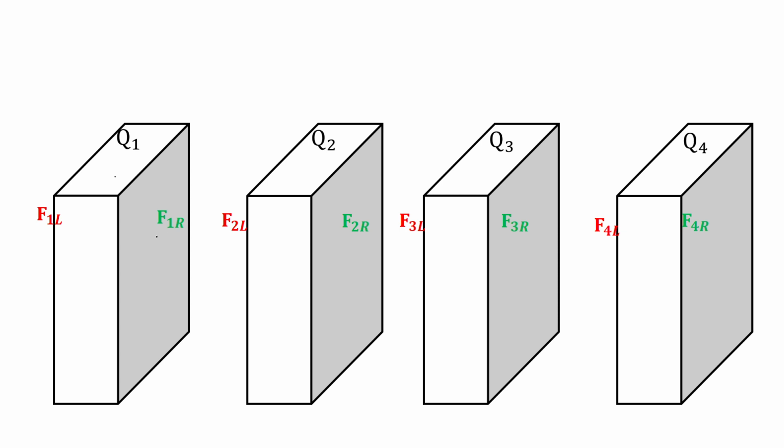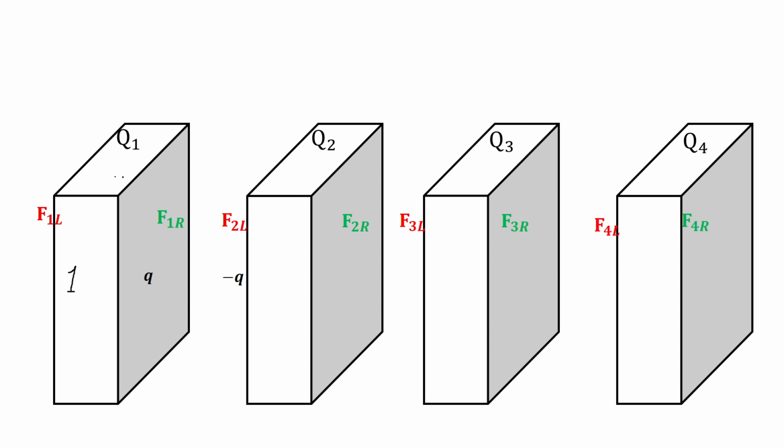Now suppose a charge Q appears on the first conductor on the rightward direction, that is on F1R. From Gauss law, as we just discussed, on F2L it should be minus Q. Now this first plate is an isolated conductor which was initially given a charge Q1.